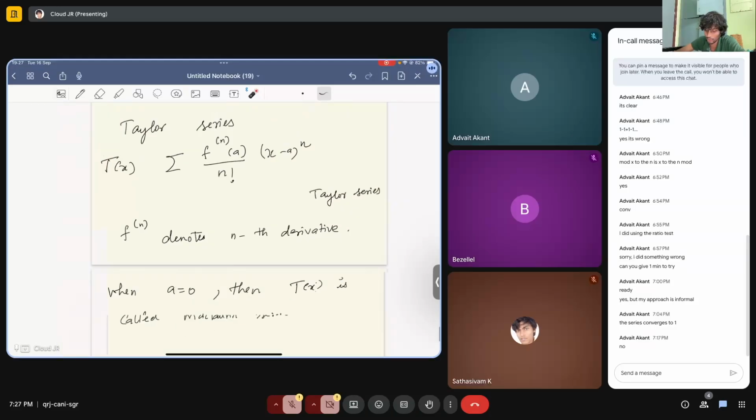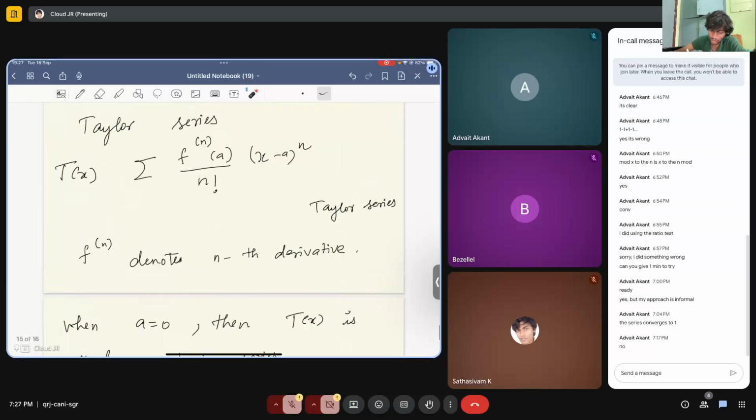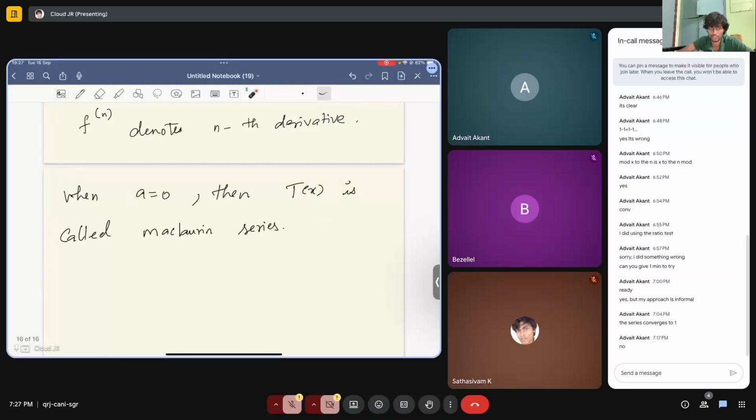Why it is interesting is that sometimes your Taylor series will actually be equal to your function, but it's not always true. There are situations, for example sin x, cos x, and some other interesting ones, where your Taylor series will be equal to your function. In general there is some remainder.